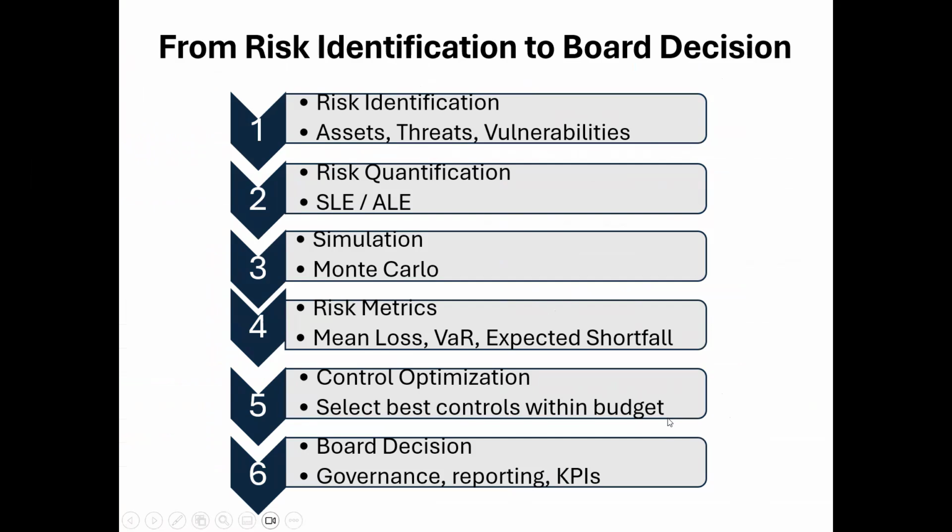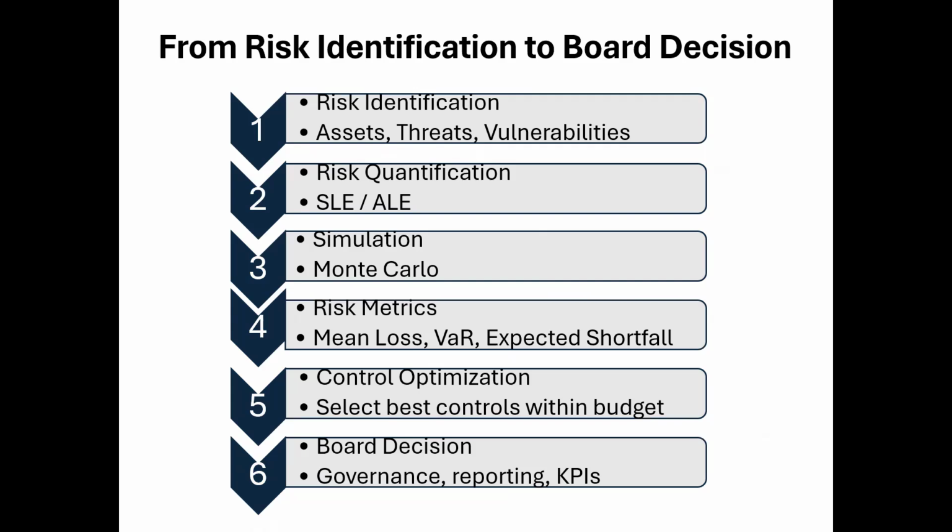So let's just recapitulate our risk identification process up to board decision. You don't just compute the risk for the sake of computing it. It has to be used for decision making. A while ago we looked at risk identification, and there are several ways to do this. It can be qualitative also.